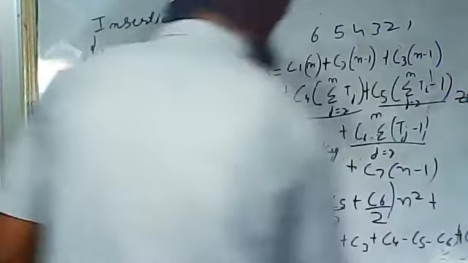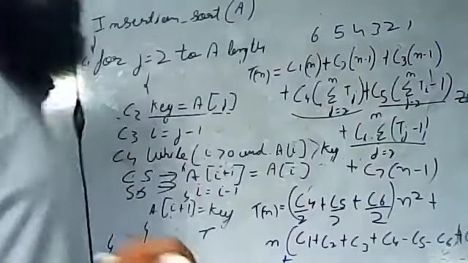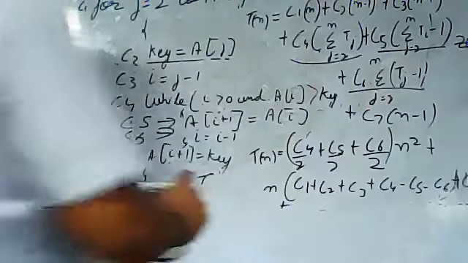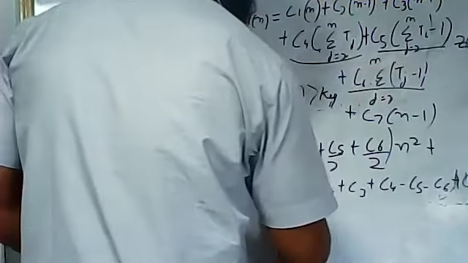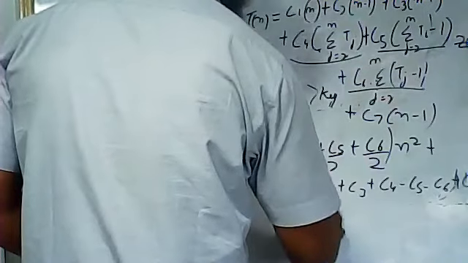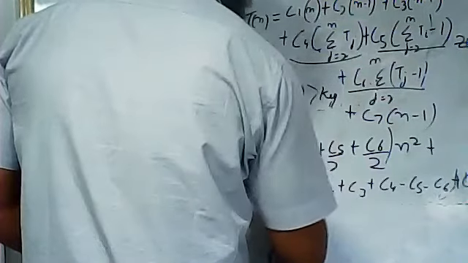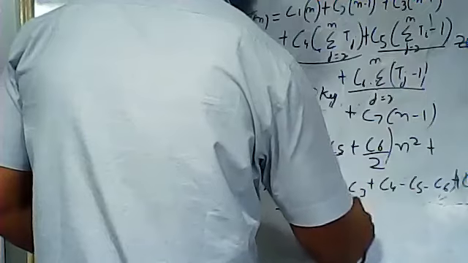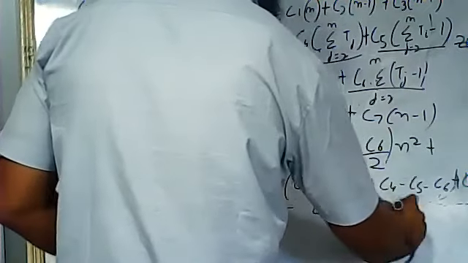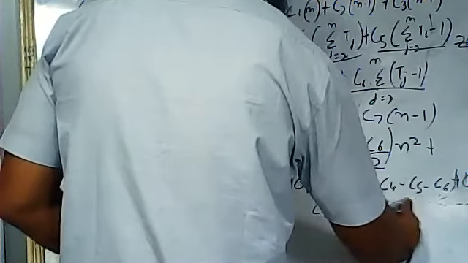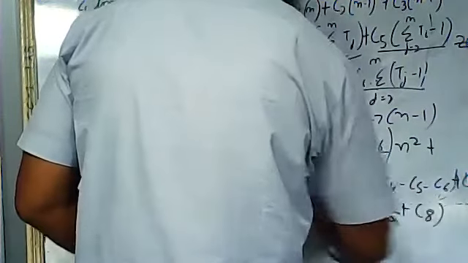So it will be like this: minus (C2 plus C4 plus C5 plus C8).